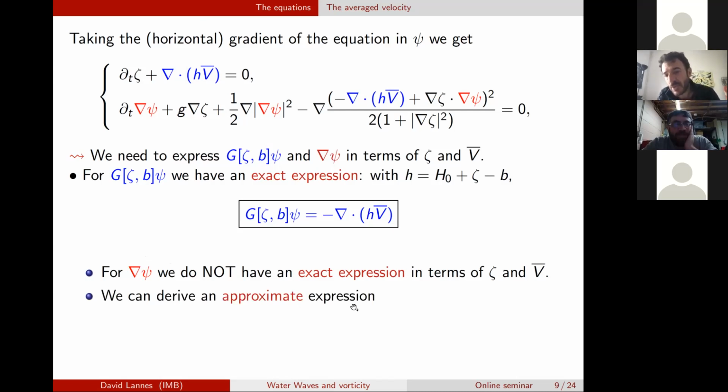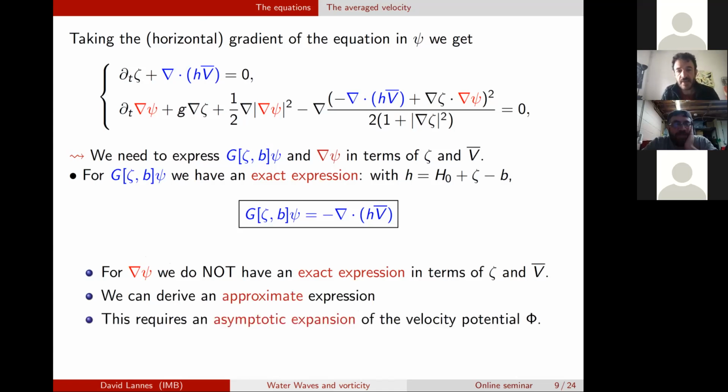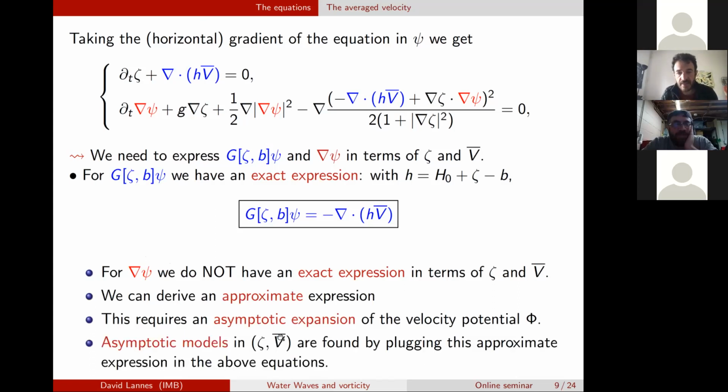And if you want an approximate expression, you need some small parameter, and so you need to define some asymptotic regimes. Okay, and one possible regime, this is not the only one, is the regime of shallow water. And in this regime of shallow water, we are going to be able to derive such models.